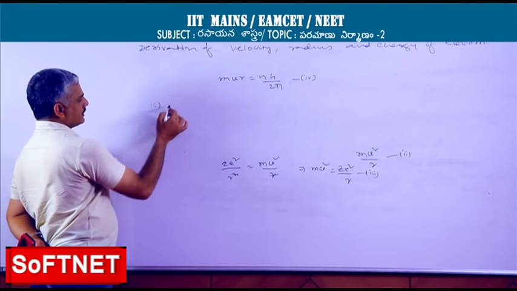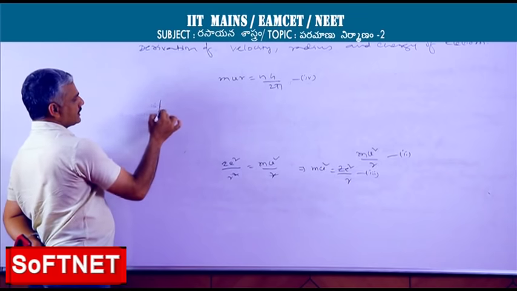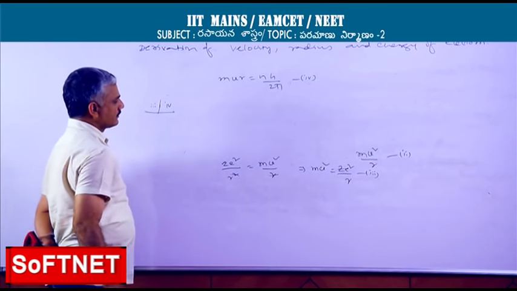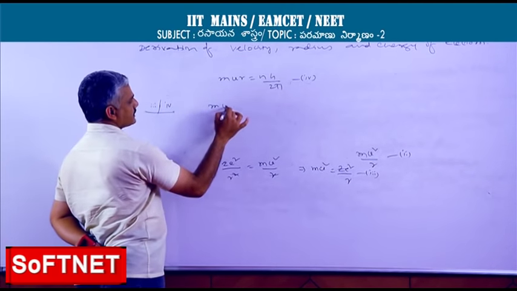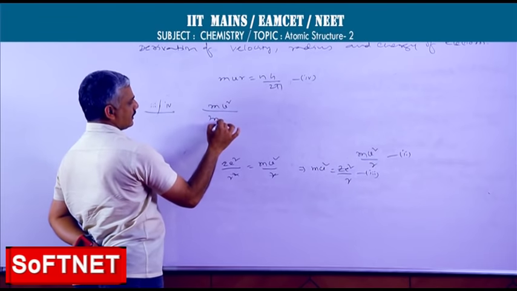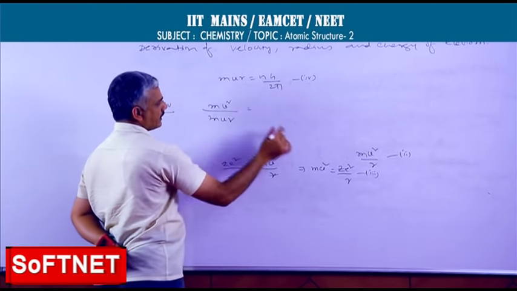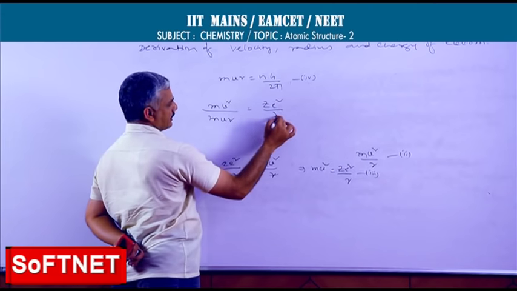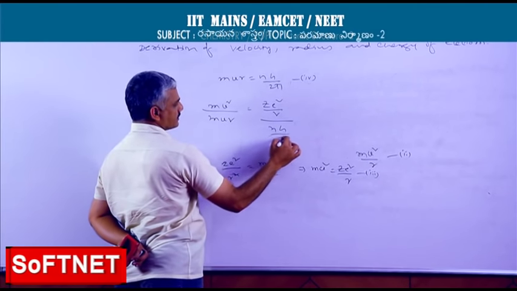Dividing third equation with the fourth equation, mv square by mvr is equal to Z E square by r by nh by 2 pi.